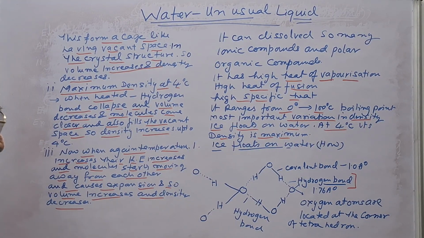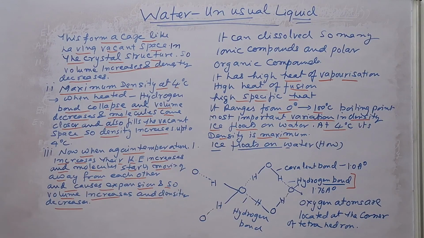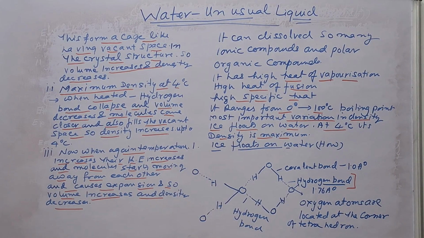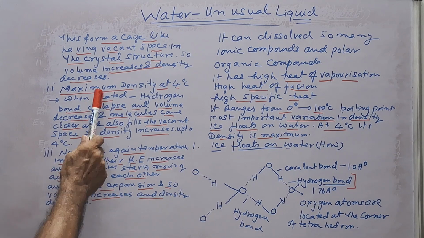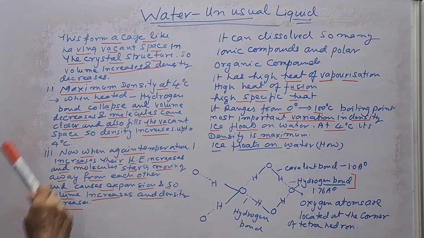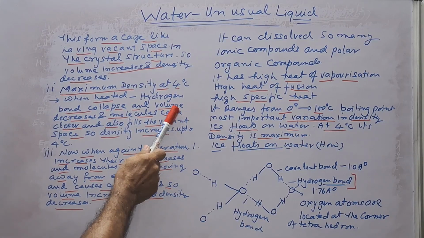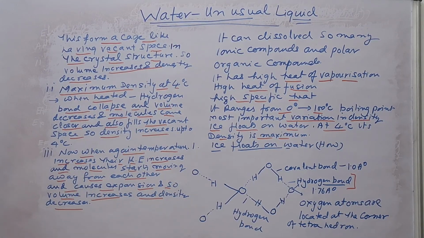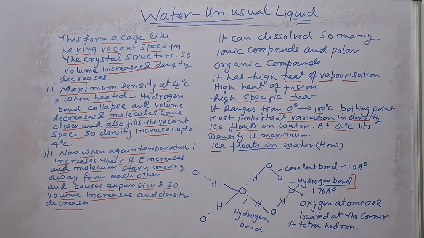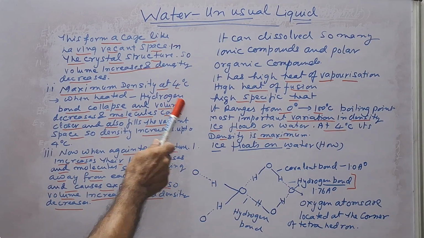Now the next step: when temperature is increased from 0 degrees to 4 degrees centigrade, what happens? We say maximum density at 4 degrees centigrade. When it is heated up to 4 degrees centigrade, the hydrogen bonds first collapse and the volume decreases.